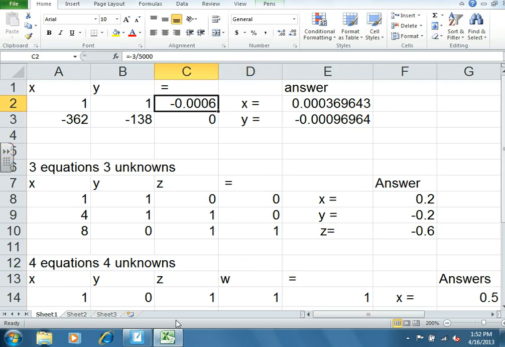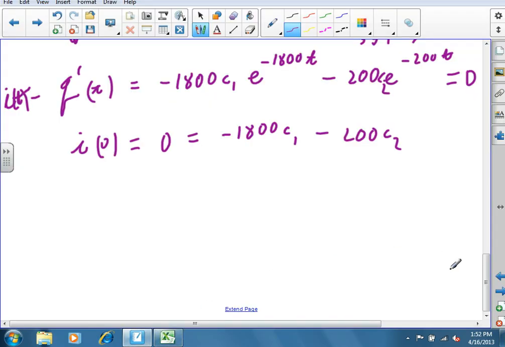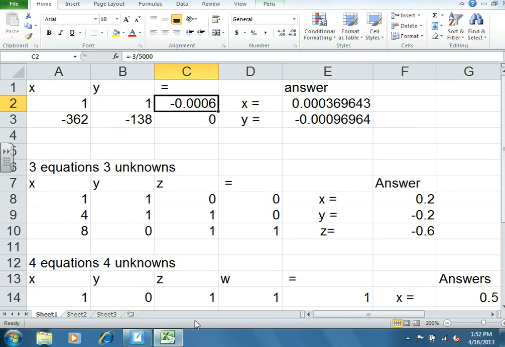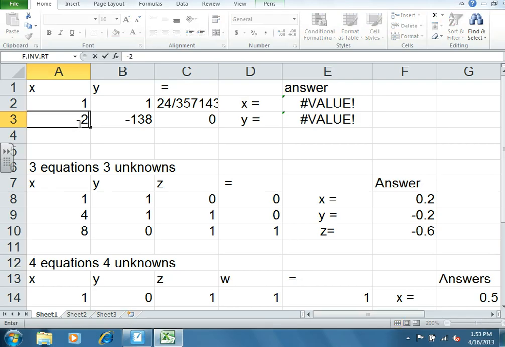So I'm going to stick in there my 24 divided by the number that I have. Okay, so 24 divided by, is it 357? Yes. 143. Okay, and then this guy was minus 2,000, maybe?